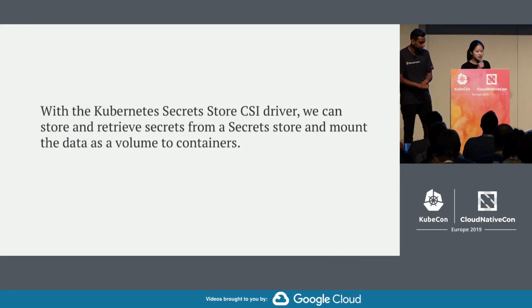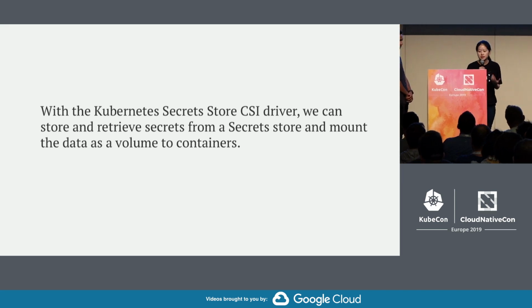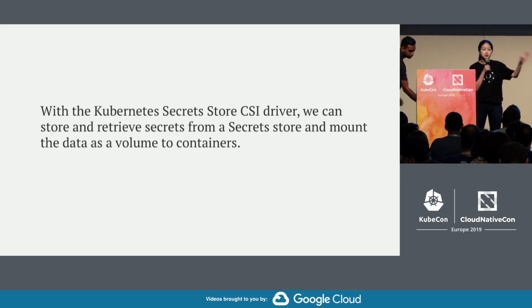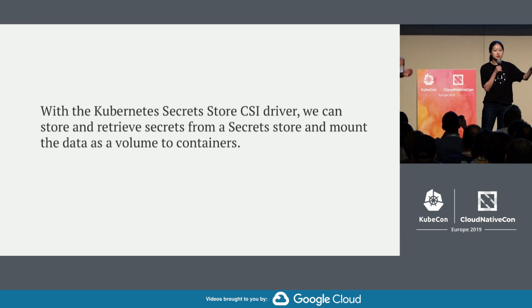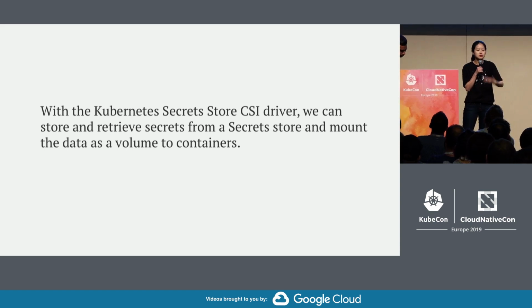So that was a demonstration of how you can deploy the Secrets Store CSI Driver and how you can continue to store and manage your secrets in an external secret store, but still have them mounted into your pod so that your applications can utilize those secrets.